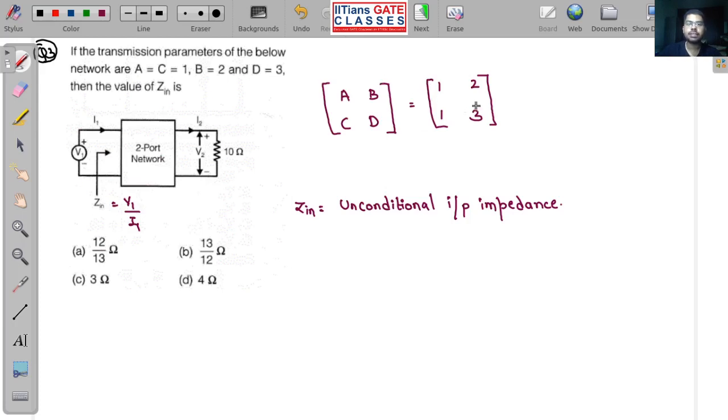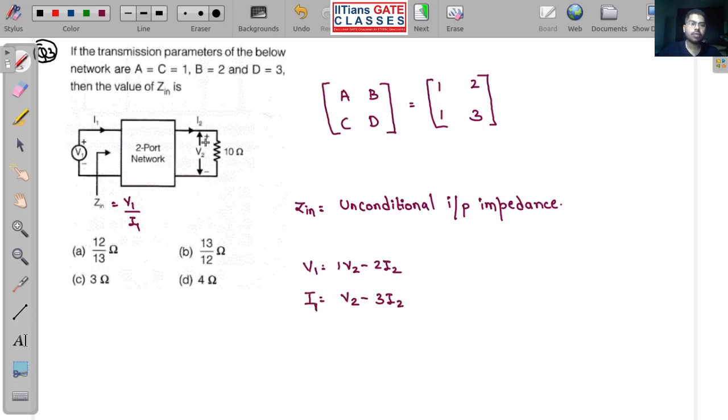Now if these are the ABCD parameters, I can write V1 is equal to A V2 minus B I2, so A is 1, that is V2 minus 2 I2. I1 is equal to C V2 minus D I2, that is V2 minus 3 I2. So this is V1 and I1.